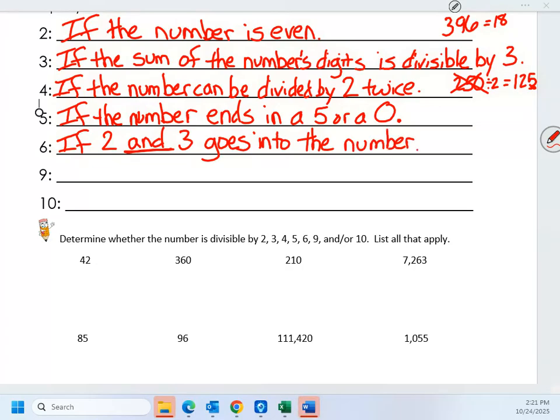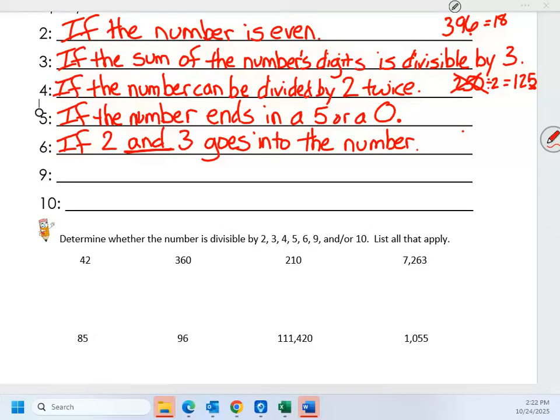And if it's an even number, we have to add up all the digits and see if it's divisible by 3. So if it's divisible by both of those, like if we look at 396, that 396 that we used for if it's divisible by 3, it's an even number. It ends in a 6, so we know it's divisible by 2. And we know it's also divisible by 3. So if it's divisible by both 2 and 3, then it is also divisible by 6.